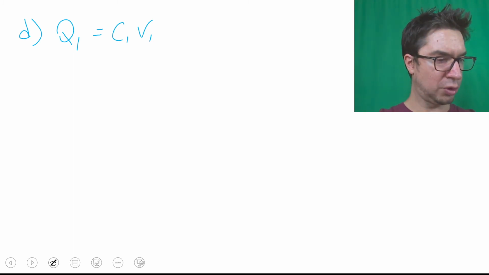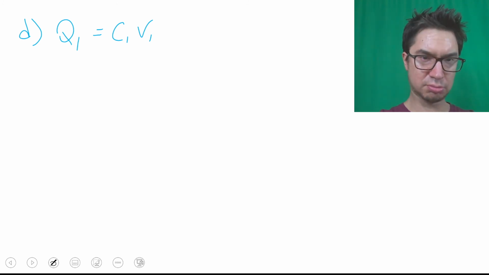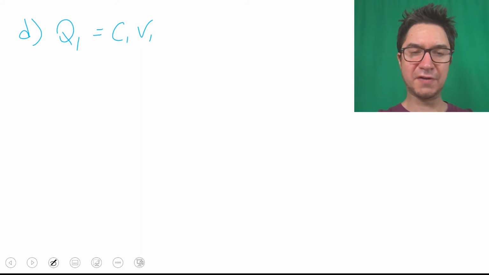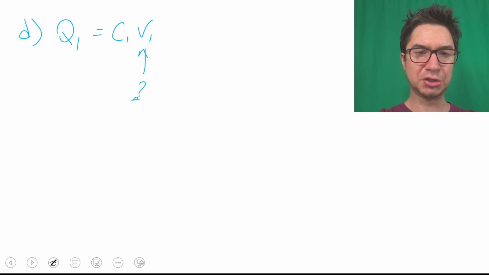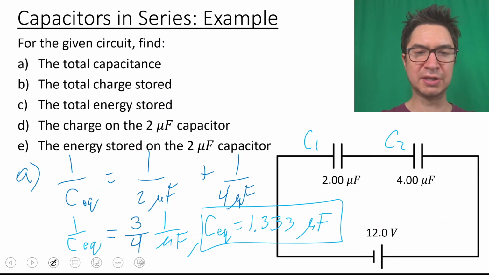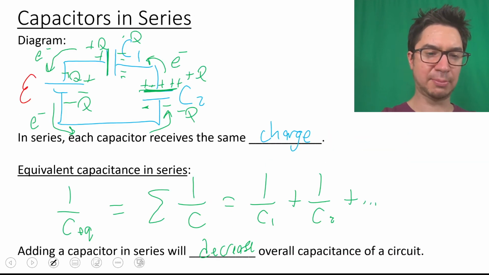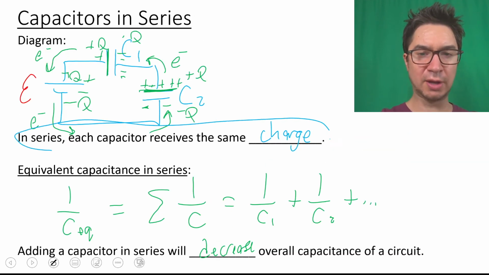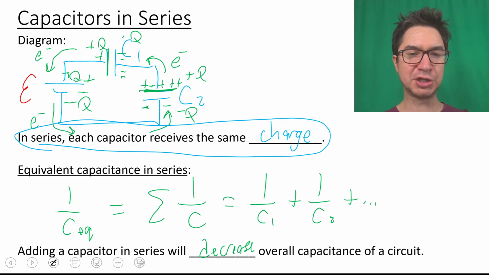Now, we run into a bit of a challenge here in finding this charge because we don't know what this voltage is. So initially, we're a little bit perplexed. We do know the capacitance, but how can we find the charge? That's where going back to this rule that we established right here can be so helpful to us. In series, each capacitor receives the same charge.